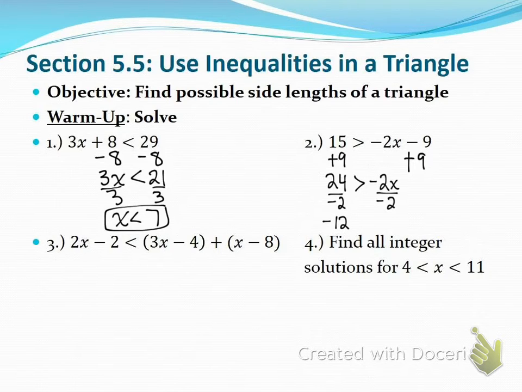So instead of a greater than symbol, now it's a less than symbol. If you were to leave your answer there, that would be fine. If you wanted to move x over onto the left side, you would have to flip your symbol back around again. So either one of these works for me.